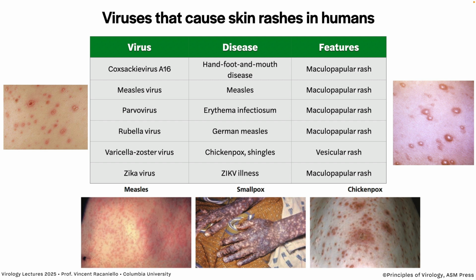Perhaps here's chickenpox. I had this as a kid. It was miserable. And here's smallpox, which is really, really bad. If these people recovered, they would be completely disfigured from this rash, which covers all their body, not just their hands. It's a good thing it was eradicated.